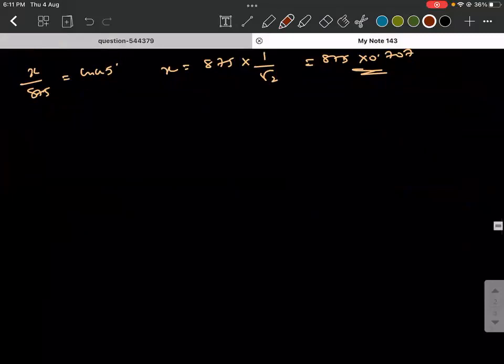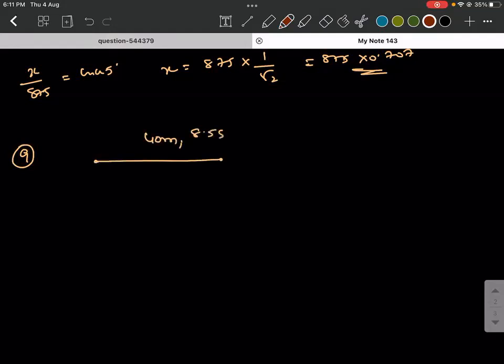So when you take the data, what are you trying to say? Truck covers 40 meters in how much time? 8.5 seconds. And what is the speed at which it is reaching the final point? 2.8 meters per second.